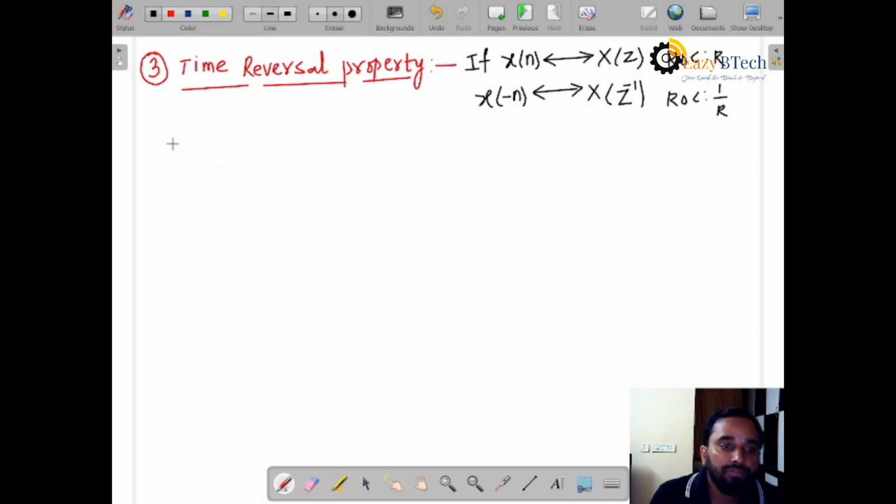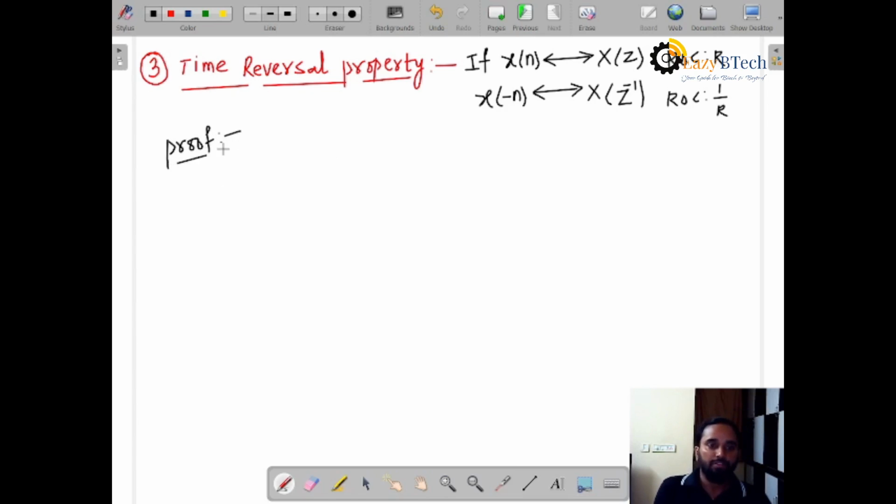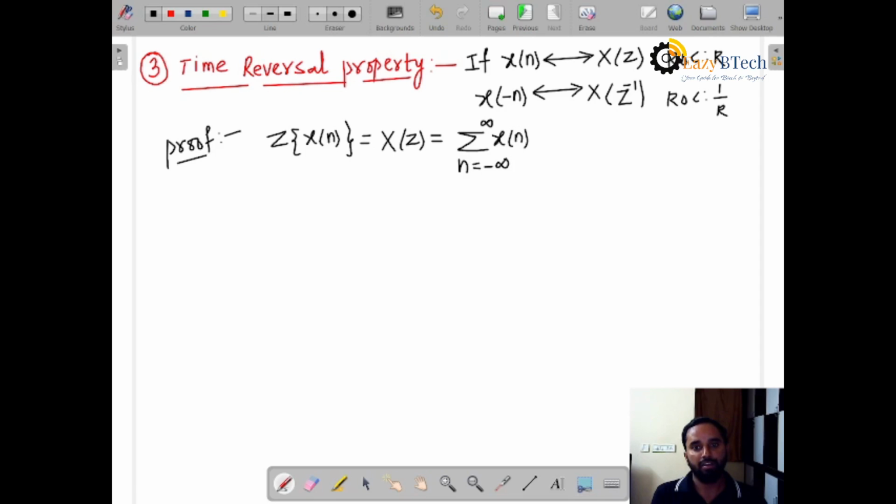Let's see the proof. So first we take the z transform formula. Z transform of x of n is equal to X of z, which is summation n is minus infinity to plus infinity x of n z power minus n. Okay. Now we want the z transform of x of minus n.